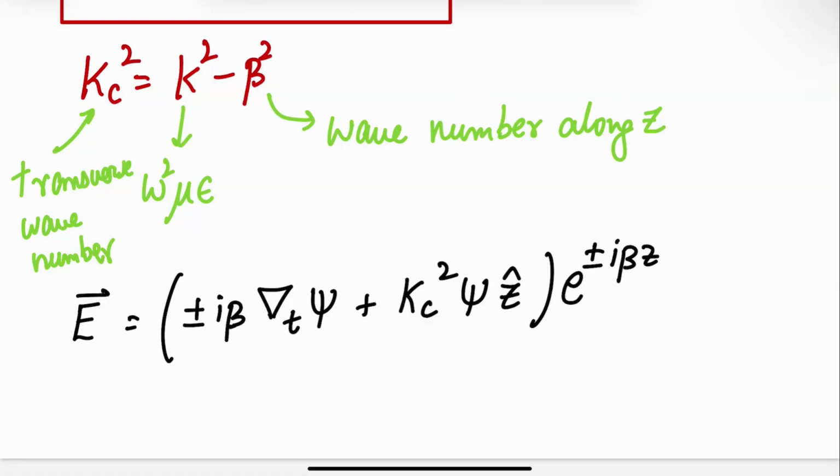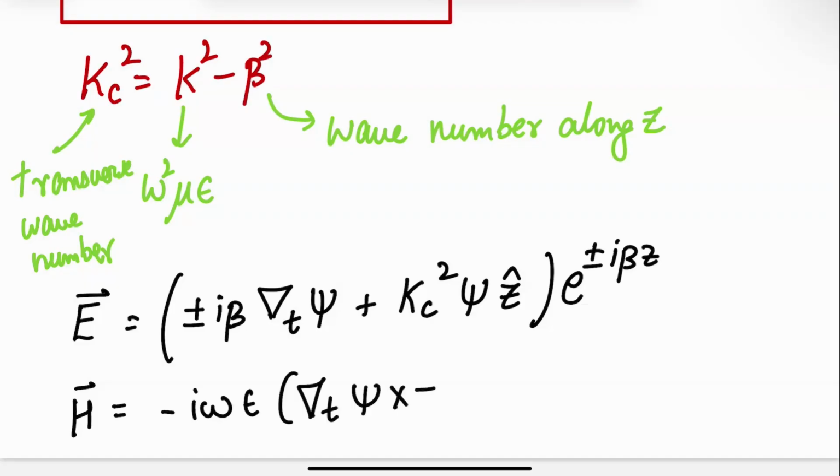The plus or minus correspond to forward or backward propagation. H is minus I omega epsilon gradient of psi cross z hat e to the plus or minus I beta z.